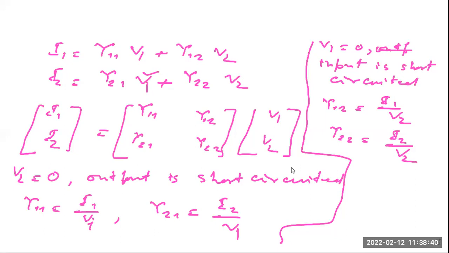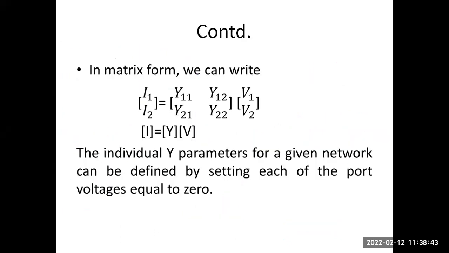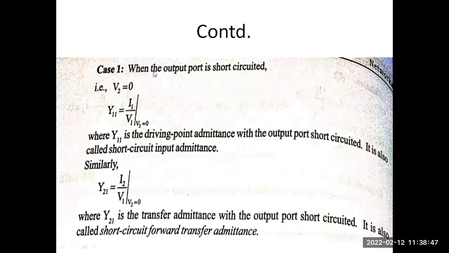The individual Y parameter for a given network can be defined by setting each of the port voltages equal to 0, as we have just done. When the output port is short circuited, that is V2 equal to 0, Y11 equal to I1 by V1. This Y11 is known as the driving point admittance.